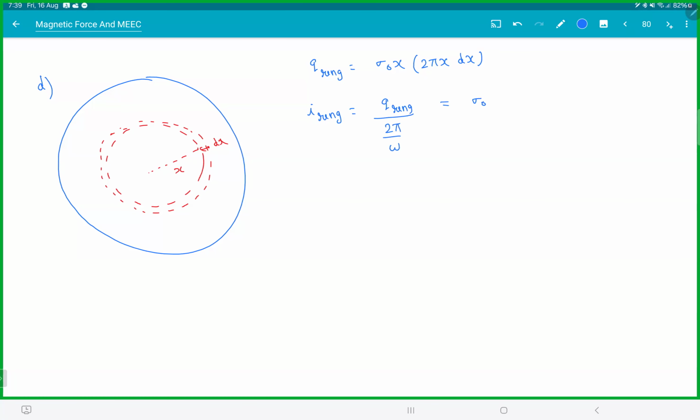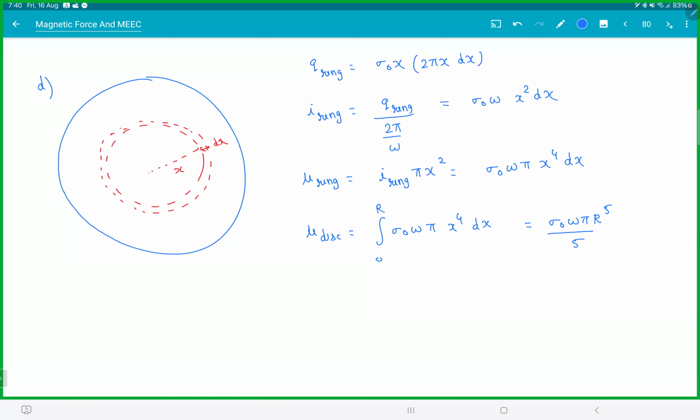So sigma naught 2 pi will cancel, leaving omega x square dx. Then the mu of this small ring would be I of the ring into the area of the ring, pi x square. That would be sigma naught omega pi x power 4 dx. Then integrate this. Mu of the disk would be the integral of sigma naught omega pi x power 4 dx from 0 to r, which is sigma naught omega pi r power 5 by 5.